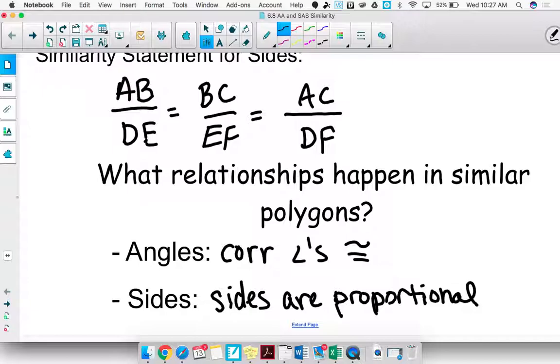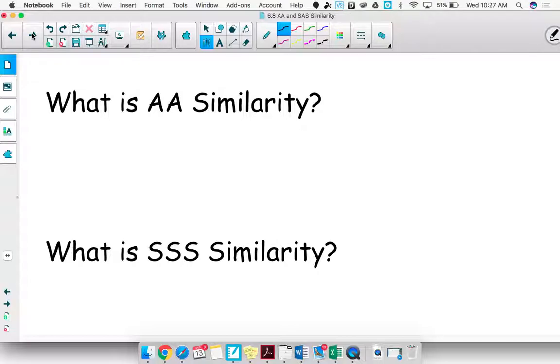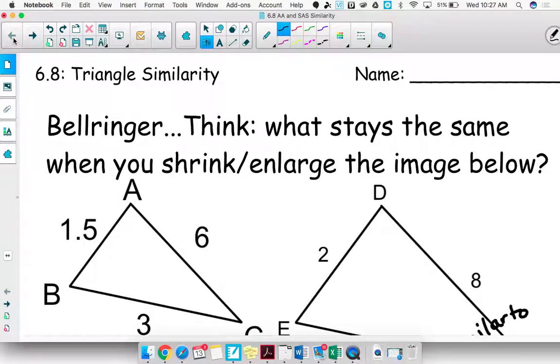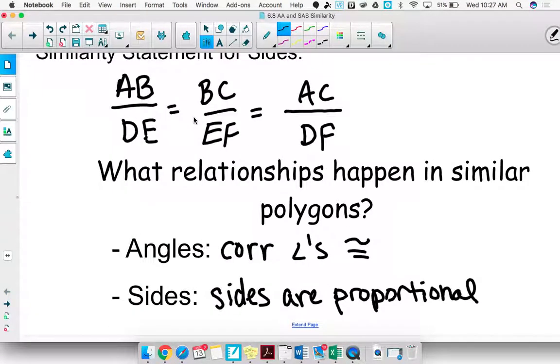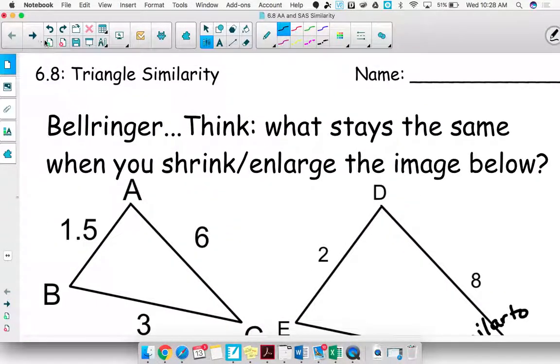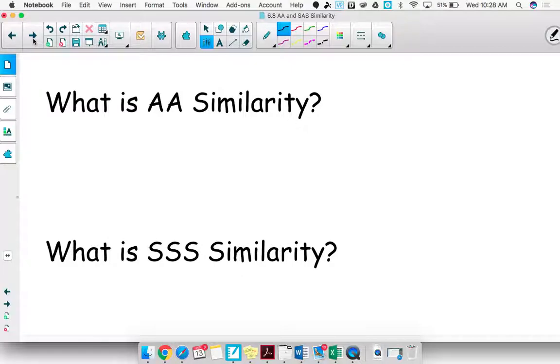You have lots of experience to learn that from now. Hopefully it's not just facts you're writing down, but you now have some experiences to build upon. What I just wrote down is definitely true when we see similar polygons. But do we have to know all of that?